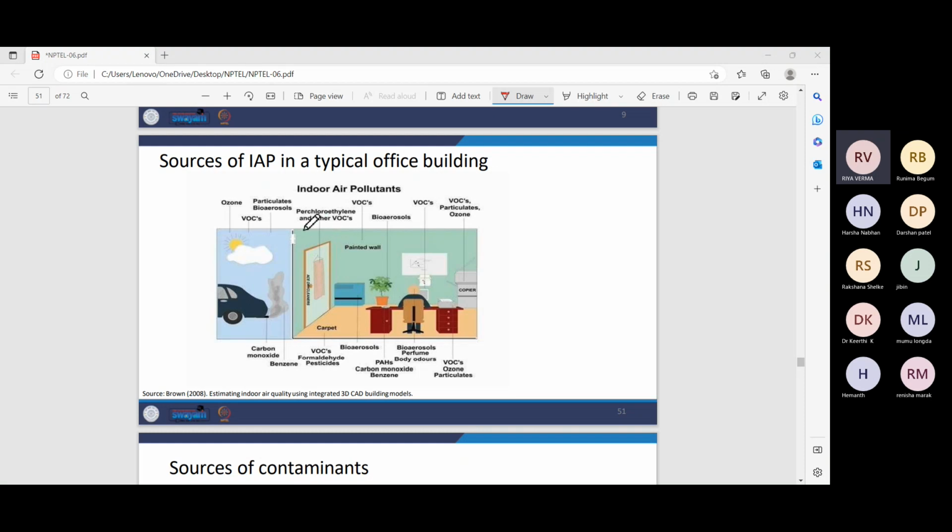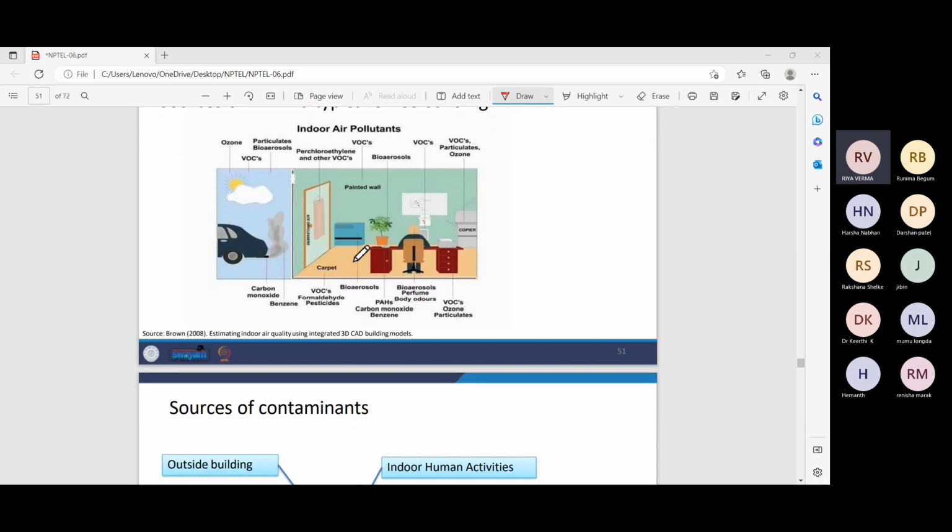VOCs are also emitted from the paints that we use on the walls. Then the printer in the office also has some amount of emissions. If someone is sitting there using some kind of perfume, then some VOCs are present in that environment. So that is there.